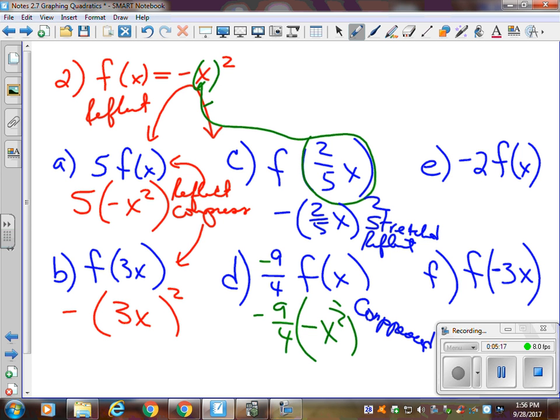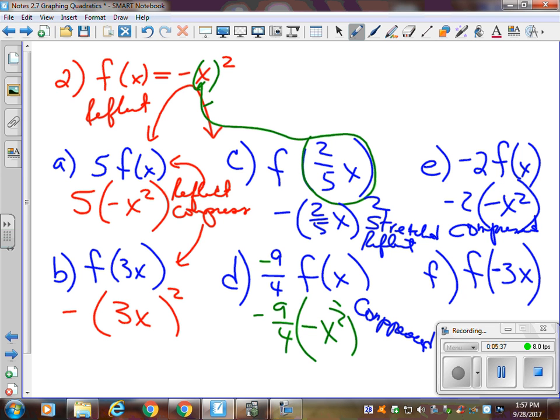So, if I do negative 2 on the outside, then I do negative 2 times the original problem. I guess my reflection went away. And did it compress? 2's bigger than 1, so it compresses.